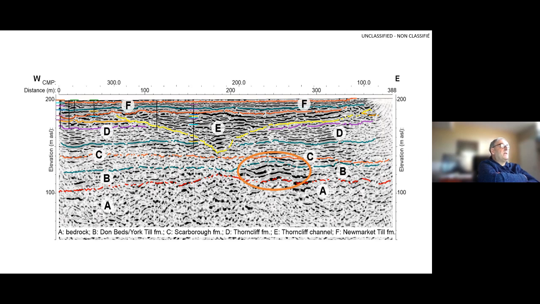And then you get the channel, which can also be filled with some diamictons, some clay, because it could be a subglacial channel. We see a similar channel in the Scarborough Bluffs, the very same shape, very same structures. So it's a network of Thorncliffe gravel channels that are good potential.